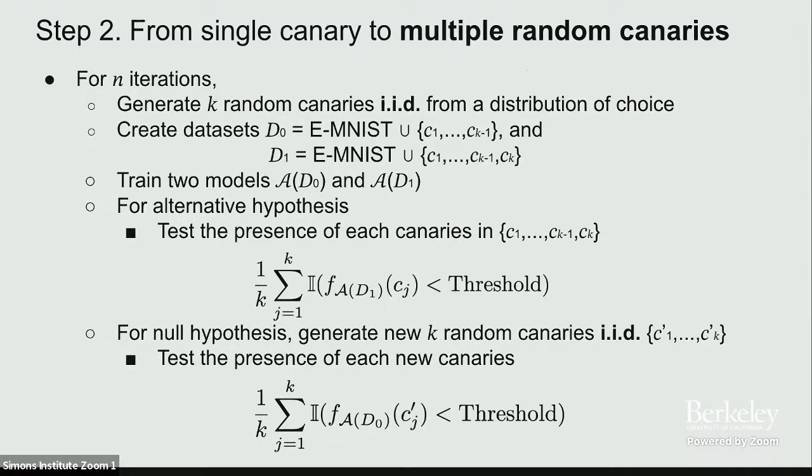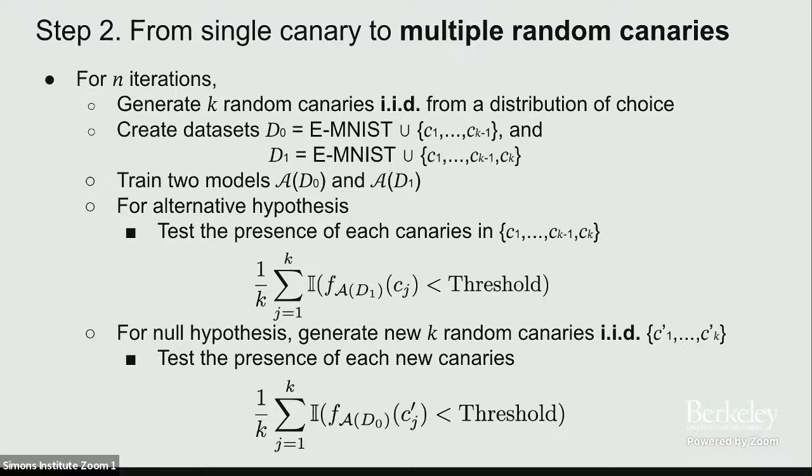So here's an example. In this situation, again, it's not one shot. We're going to do it n times. Each time we're going to generate k canaries from a distribution of choice. The one that I presented before is a valid one, but it applies more broadly, so you can pick something else. And then you construct D0, which is, say, your favorite data set, MNIST, with k minus 1 canaries.